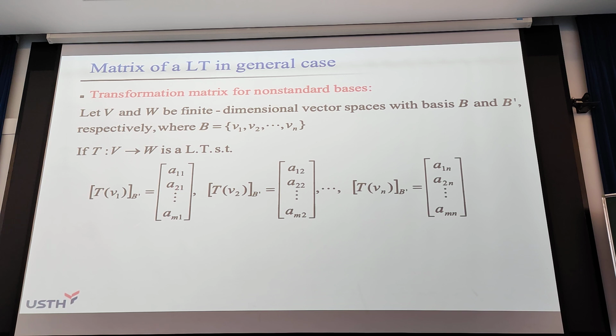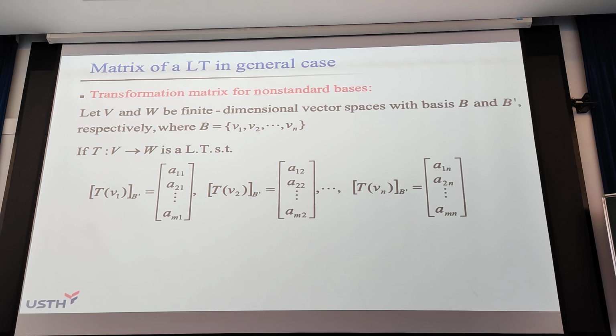That is the coordinate of T of v1 relative to the basis B prime of the codomain. We do the same thing for v2. First we calculate T of v2, and then we find its coordinate relative to the basis B prime, again the basis B prime. And so on, we continue in the same way up to T of vn, and we find its coordinate relative to the basis B prime.